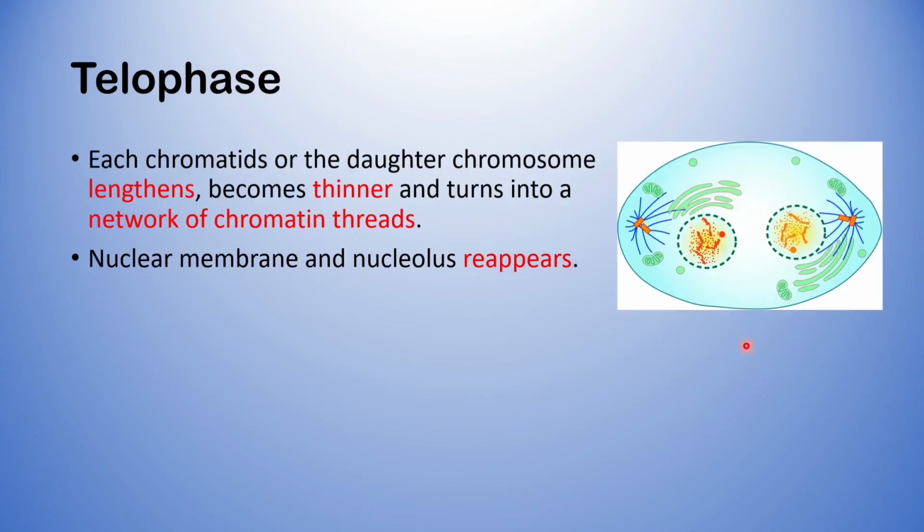That is telophase, right? The daughter chromosomes lengthen, become thinner, and turn into a network of chromatin threads. In this last phase, the cell, not just the nucleus, has successfully divided.